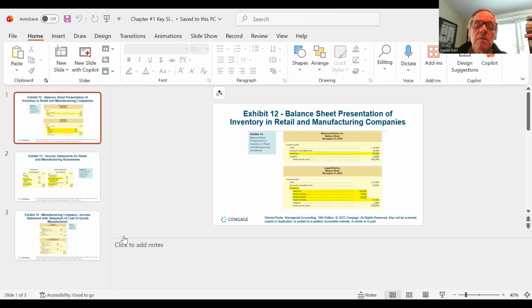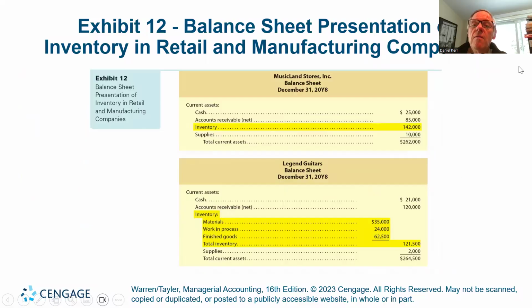I pulled out slides for each chapter. In some cases it's 1 slide; in chapter 1 it's 3 slides. I believe I may have handed out 1 or 2 of these before, but I'm putting it here to make it easy for you. So here's the difference between a manufacturer and a retailer.